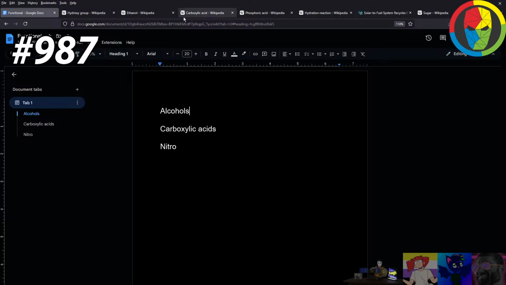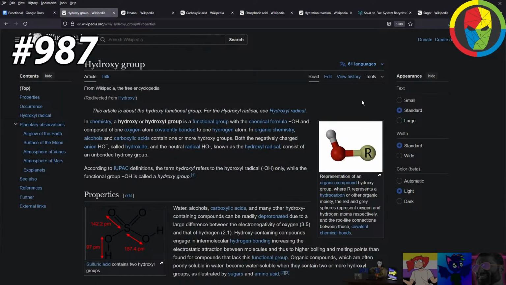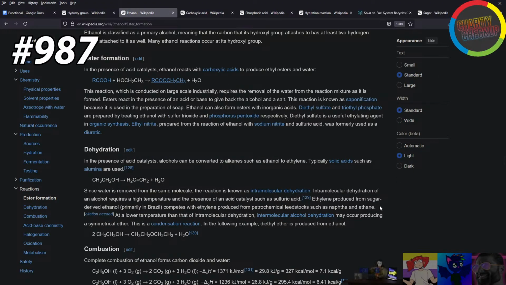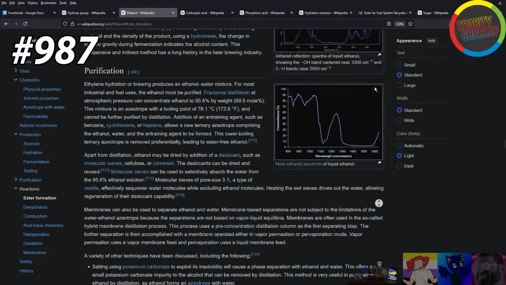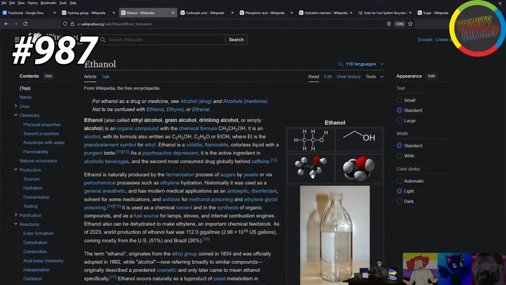Well, I mean, as a group, it's the hydroxy group. It's basically you have an oxygen and a hydrogen. Unless you're talking about the standard alcohol, in which case that would be ethanol, which is where the name of alcohol comes from.